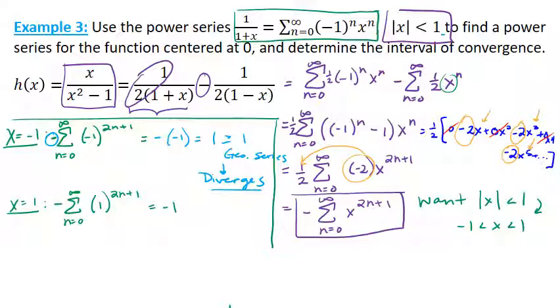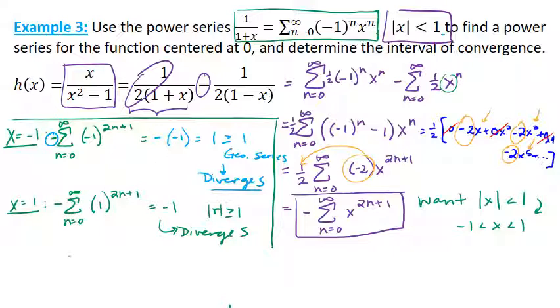Now this here, again, we want r to be greater than or equal to 1, the absolute value of this. So if I take the absolute value of this, yes, it satisfies this. So we can say that this also diverges.